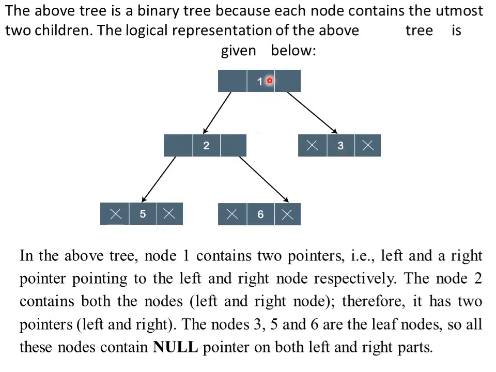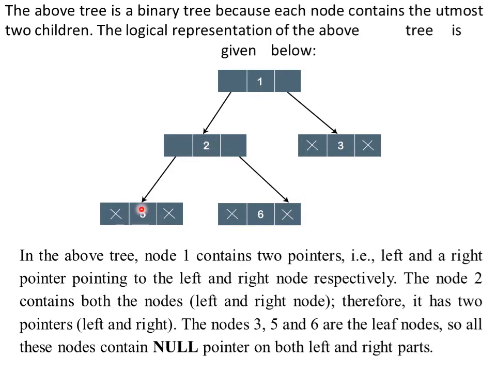Info is nothing but the information that should be stored in the node. Here you can observe that the L link of 1 is connected to 2 and the R link of 1 is connected to 3. Then here 2 is there.